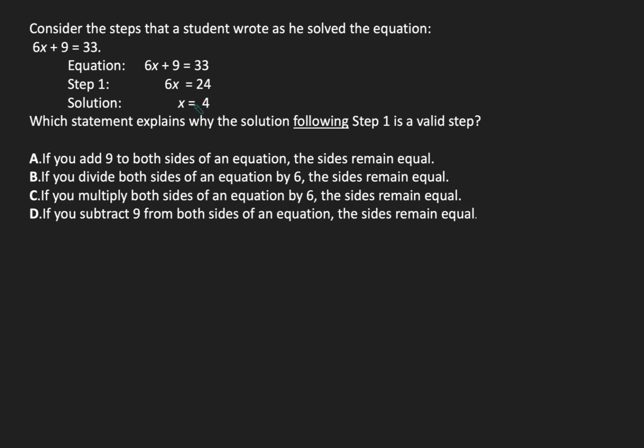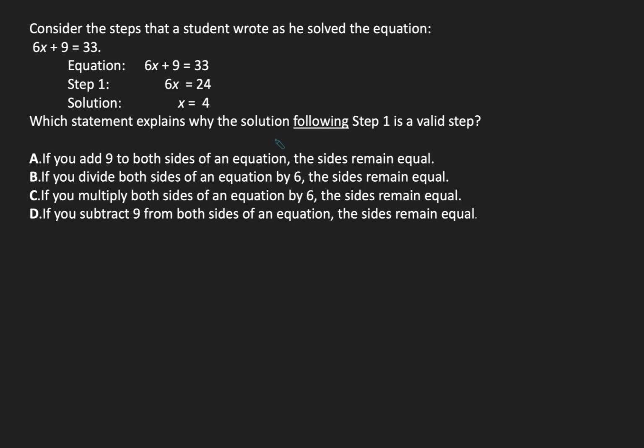So clearly some steps have been skipped, which is okay. Now the question being asked is which statement explains why the solution following step 1 is a valid step. Notice the word following is underlined. When you're on the TASC test and you see any words that are underlined, bolded, or in italics, it means pay attention to me.